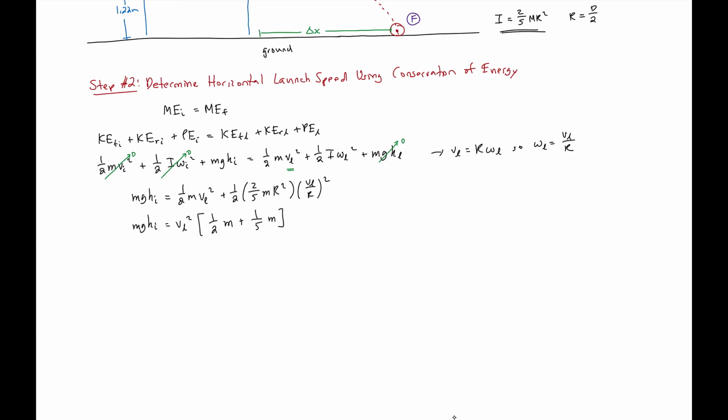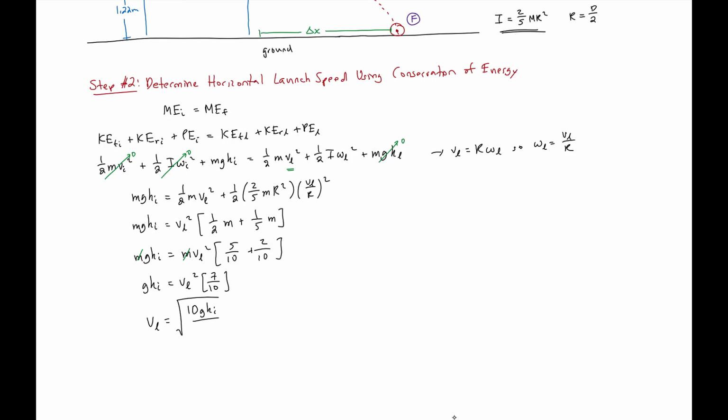This means I have m g h_i is equal to m v_L squared times, essentially, 5/10 plus 2/10. The m's can cancel out on each side. We end up with g h_i is equal to v_L squared times 7/10. So v_L is equal to the square root of 10 g h_i over 7.